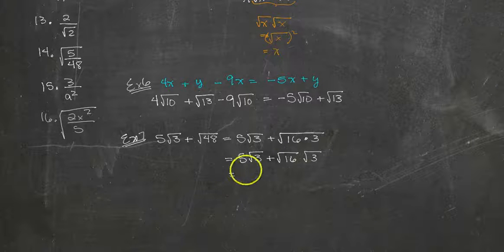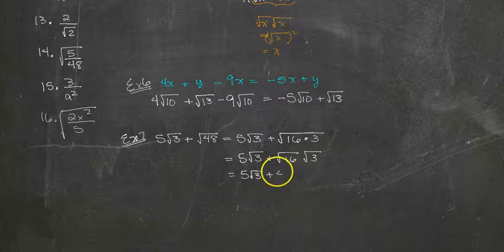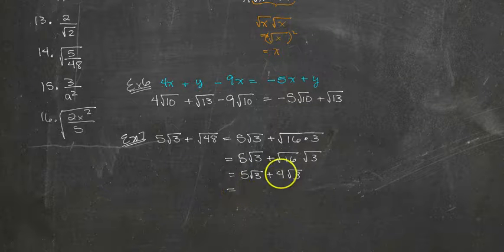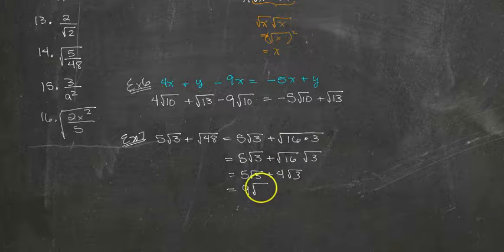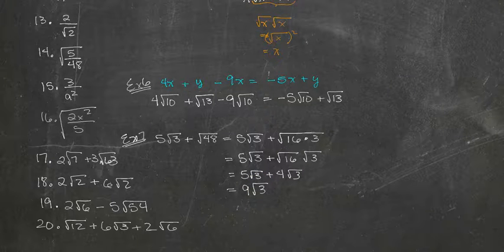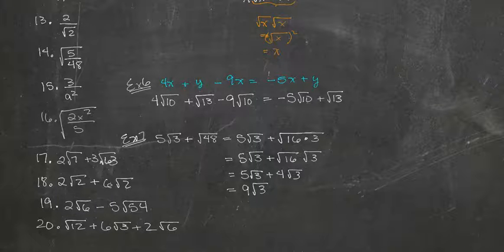If I reduce the square root of 16 to a 4, I get 4 root 3. I'm looking at 5 plus 4 is 9 roots 3. Okay, a couple examples for you. All right, so finish those up, these last 3, and come back and we'll do the last part of the lesson.